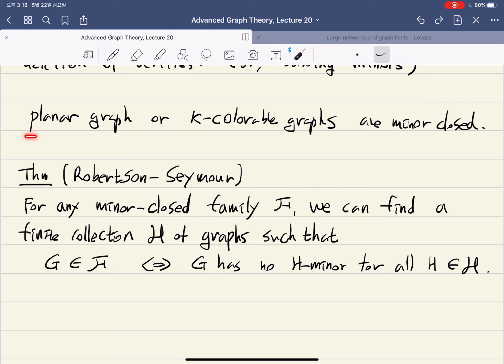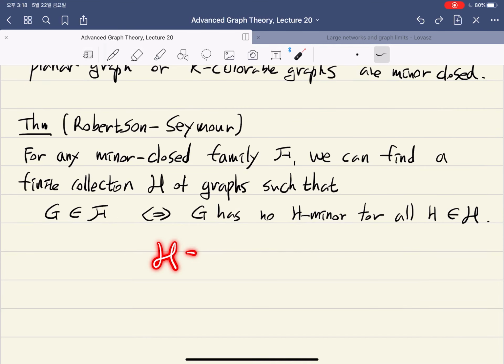So for example, for planar graphs, this H is nothing but K5 and K3,3, because Kuratowski's theorem says that G is planar if and only if it has no K5 minor and no K3,3 minor.